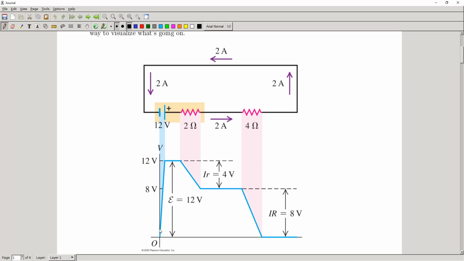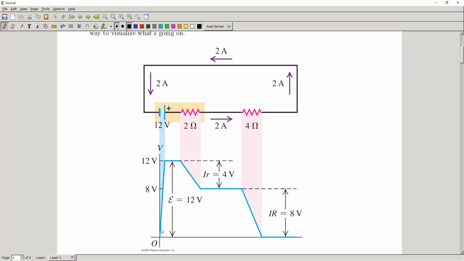As we go through our source, we climb all the way uphill. Something is pushing these charges up this potential hill, is a way to think about it. In the case of a battery, this would be the force supplied by, not the electric field, right? This is what we would have called F sub n when we looked at this previously.